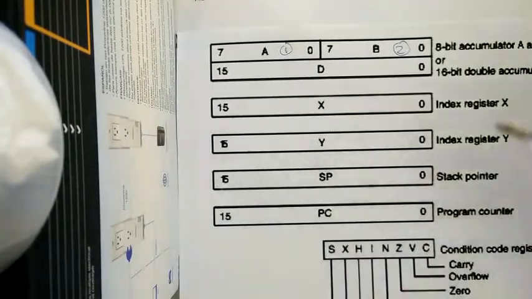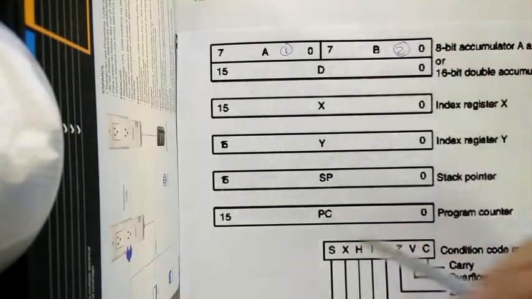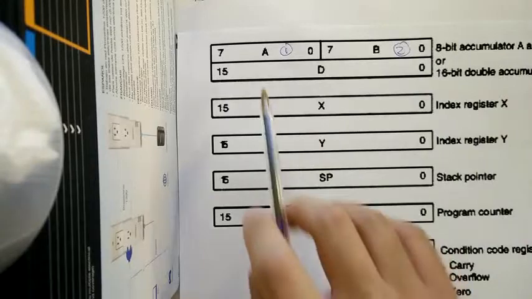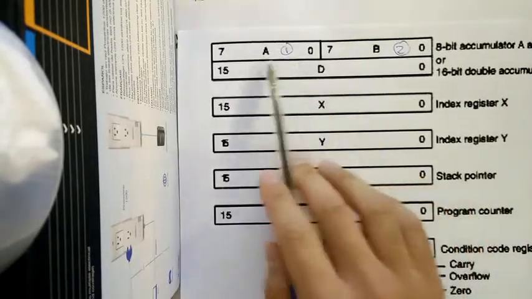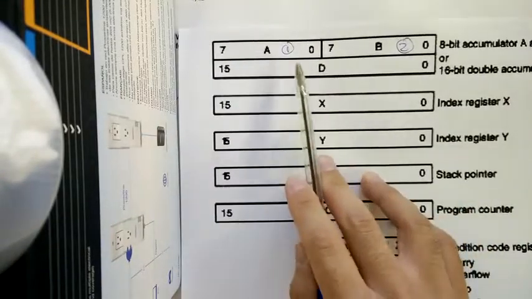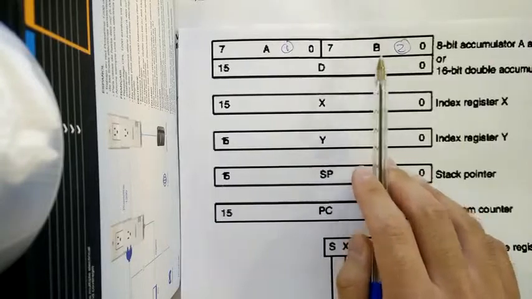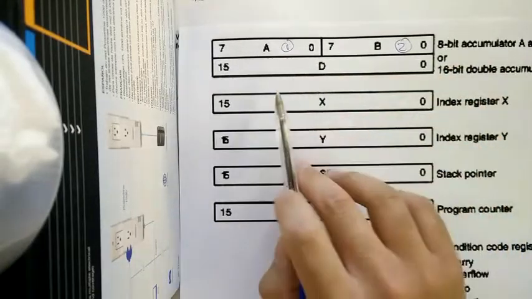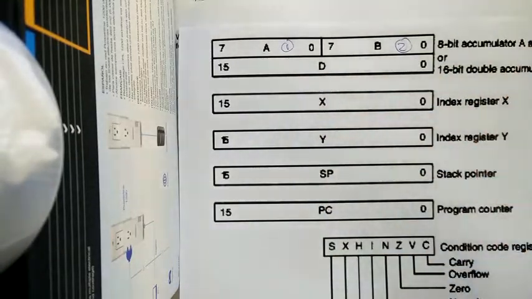An interesting thing I want you to know is that in the HCS12 we have the following registers. A and B are both accumulators, but D is actually the combination of A and B. That explains why D is a 2-byte, or 16-bit, accumulator.